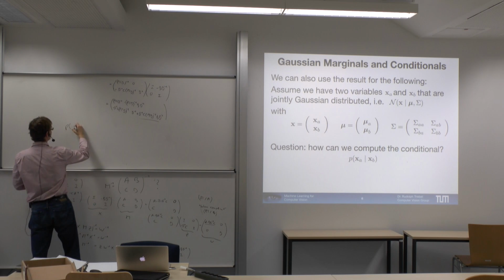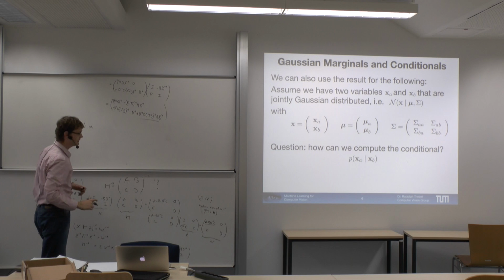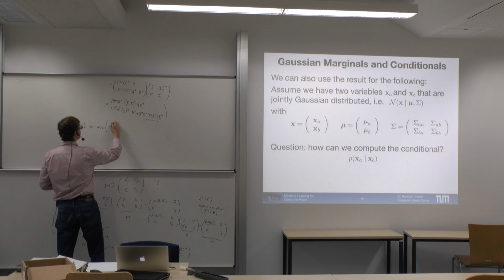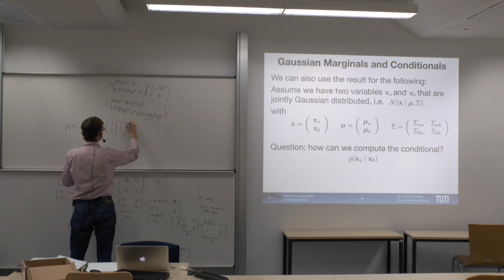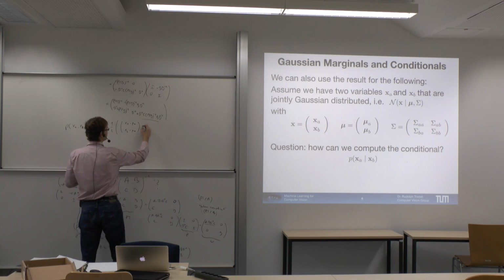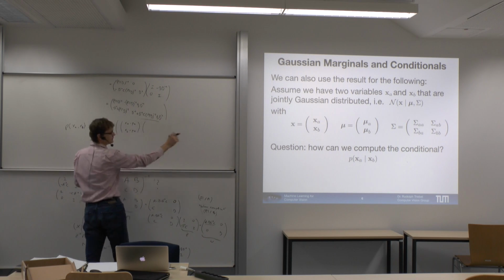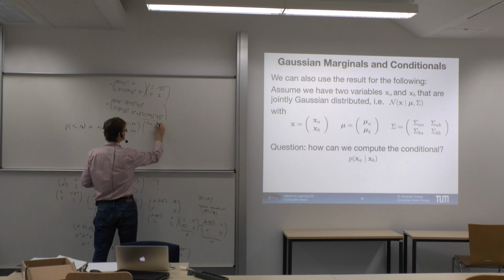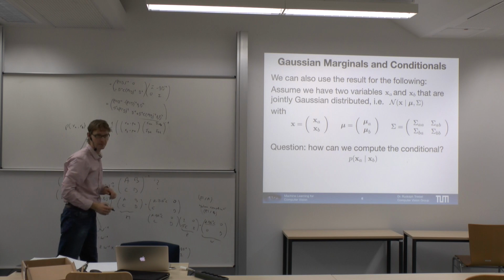So we say the joint of XA and XB is, and I'm not writing the normalizer, I'm only writing the exponential of 1/2 times (XA minus mu A, XB minus mu B) times our matrix, which is sigma AA, sigma AB, sigma BA, sigma BB, inverse, right?